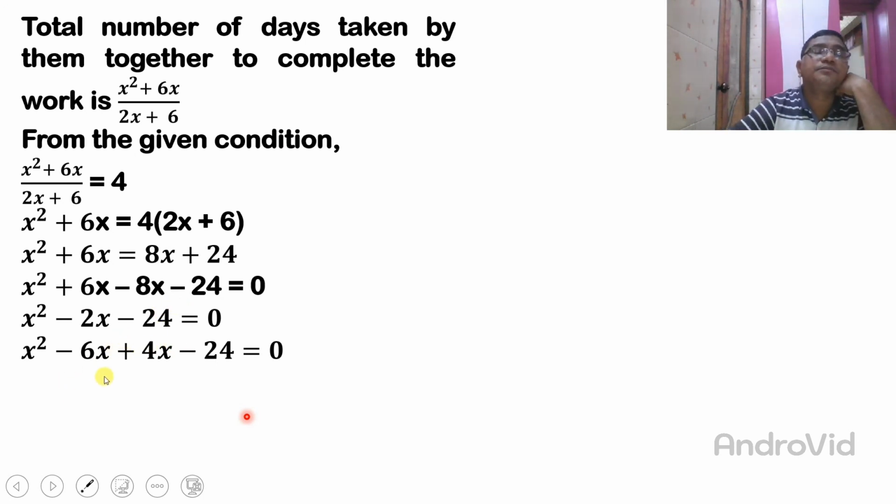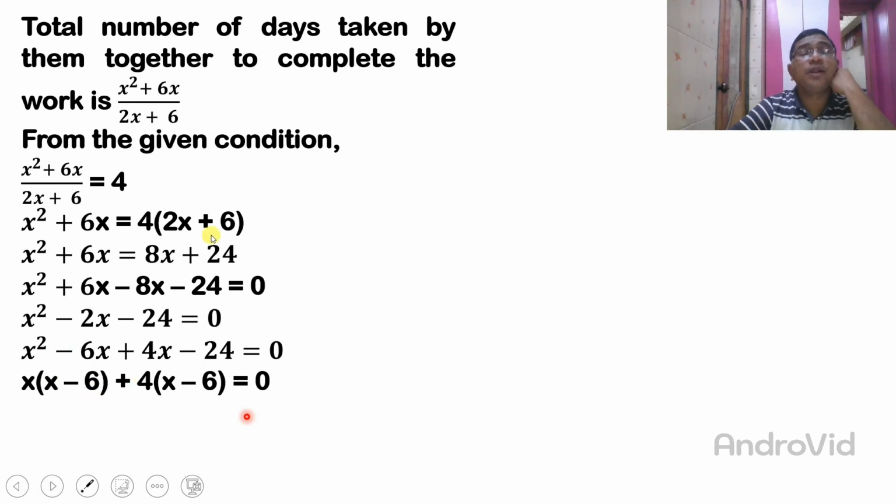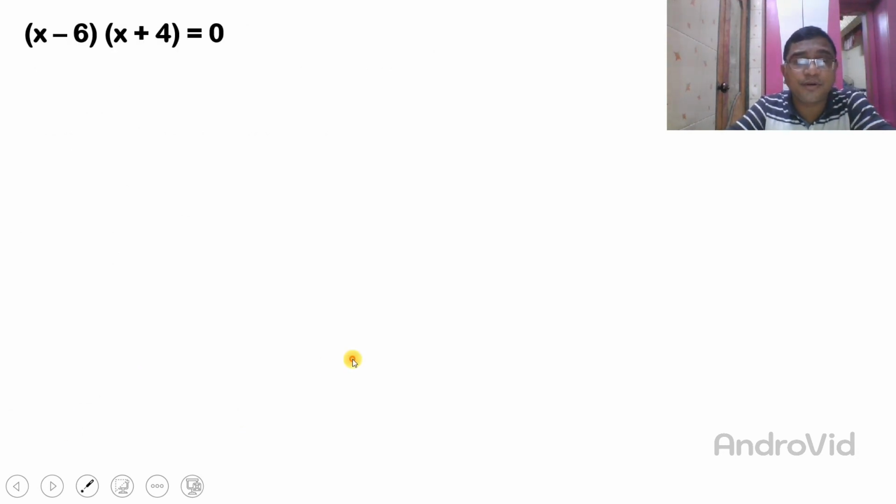So we factorize: x, then x minus 6, and 4x minus 24, taking 4 outside the bracket leaves x minus 6. Both sides have the common factor x minus 6, and the uncommon is x plus 4.